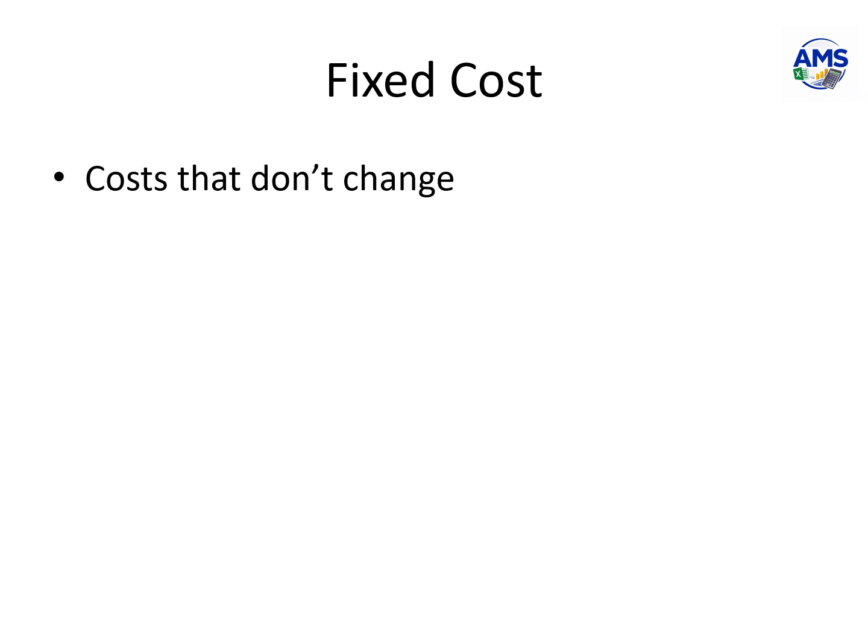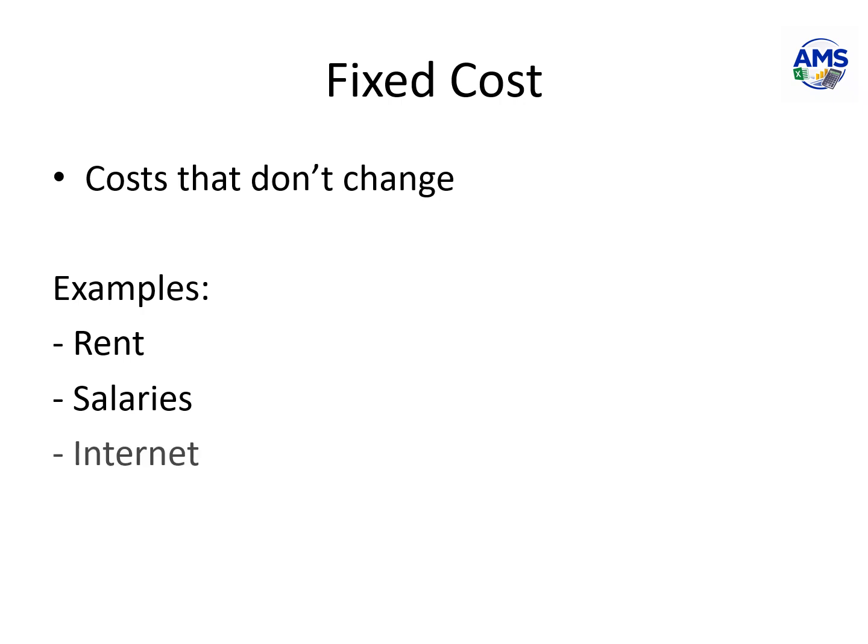These costs don't change no matter how much you sell. Examples: rent, salaries, internet. Example: Ama pays rent every month. Whether she sells 10 plates or 100 plates, it's still the same. She's still paying the same rent regardless of the sales she made.